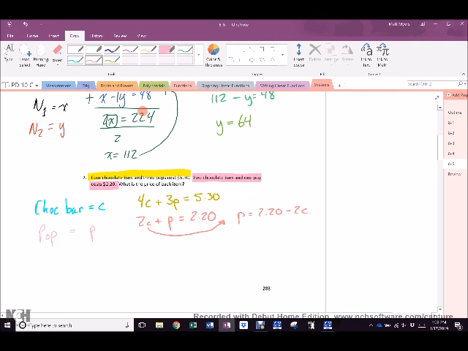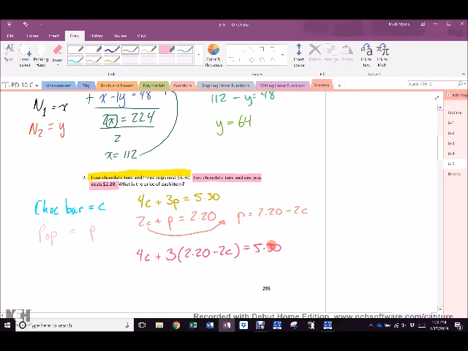I have just done an elimination one, so this time, just for fun, I am going to do substitution. So, I take 4C plus 3, not P, because P is 2.20 minus 2C equals 530.